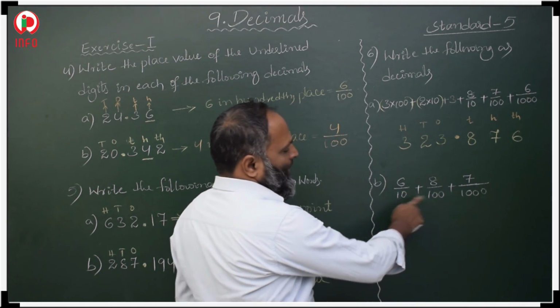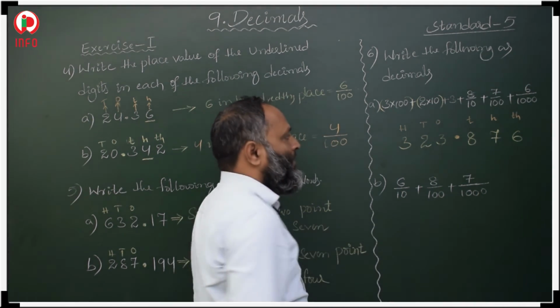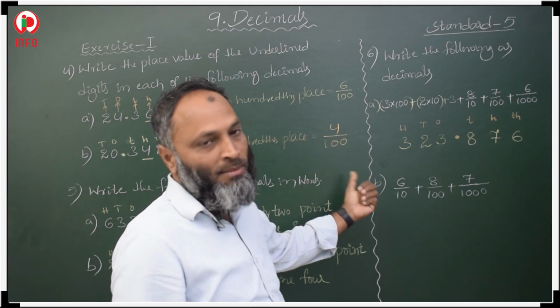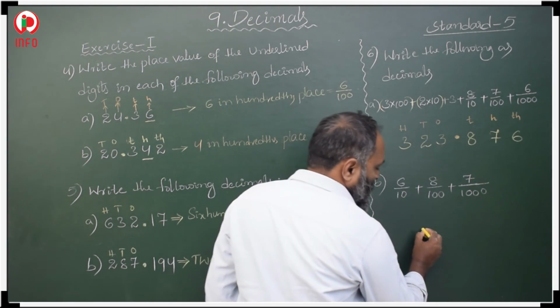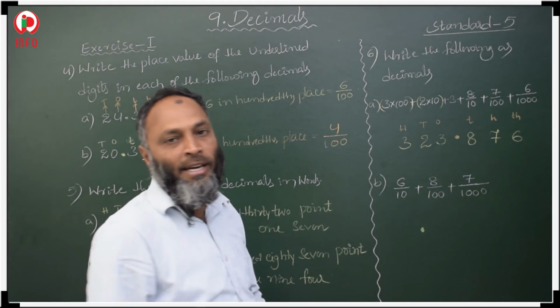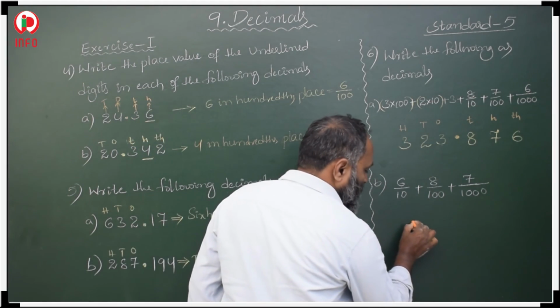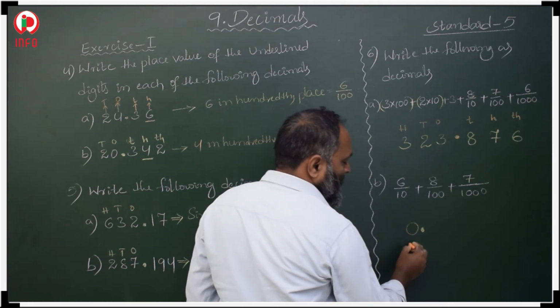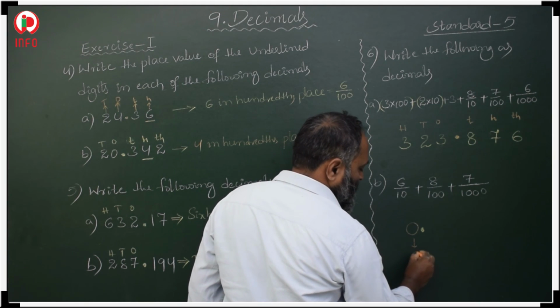Here by 10, by 100, by 1000 is given. So there is no ones place, tens place, hundreds place. First we take the point. Since there is no ones place, tens place and hundreds place, before it we keep 0. This is our ones place.